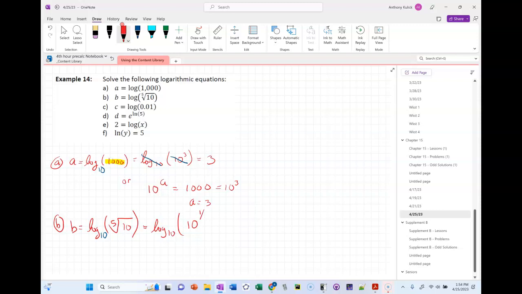The 1 over 5, right? If I have the nth root, that's the same as the 1 over n power. Those guys can cancel, so I'm left with just 1/5.